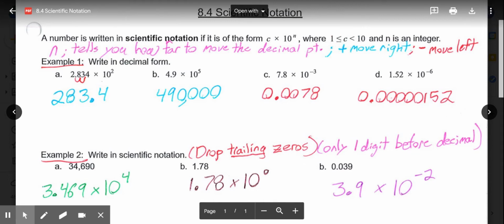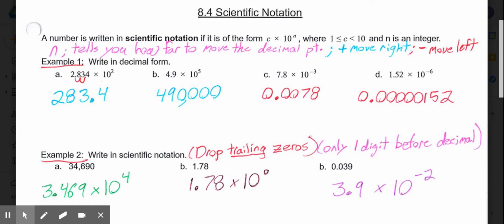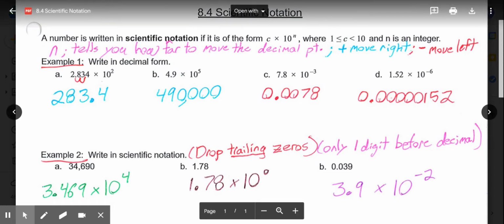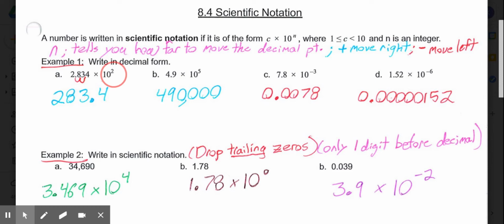So we'll look at these first four examples, A, B, C, and D, to understand how to change scientific notation into decimal form. They're giving us the scientific notation, and they want us to write it as a decimal. And again, the power will tell us how far to move our current decimal point.